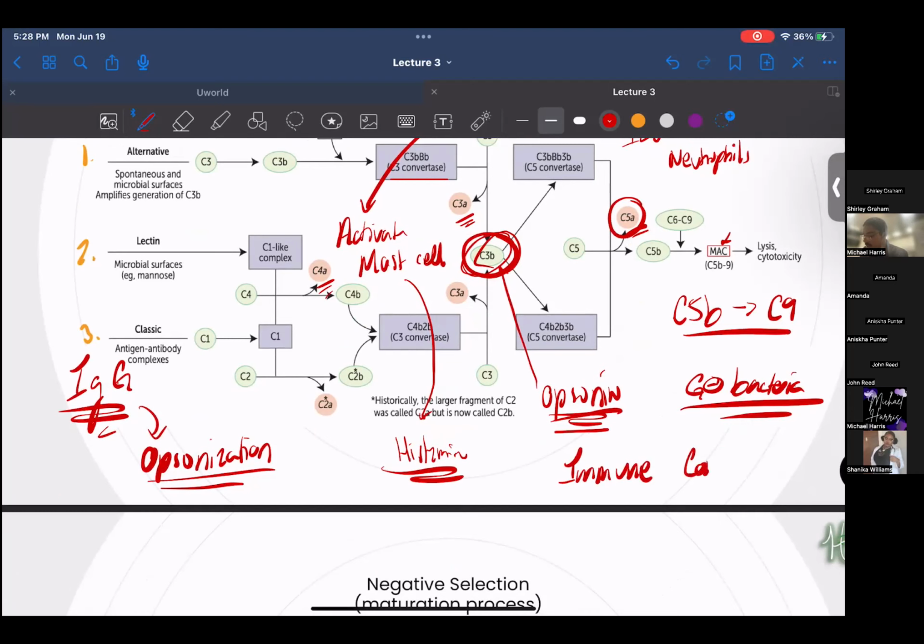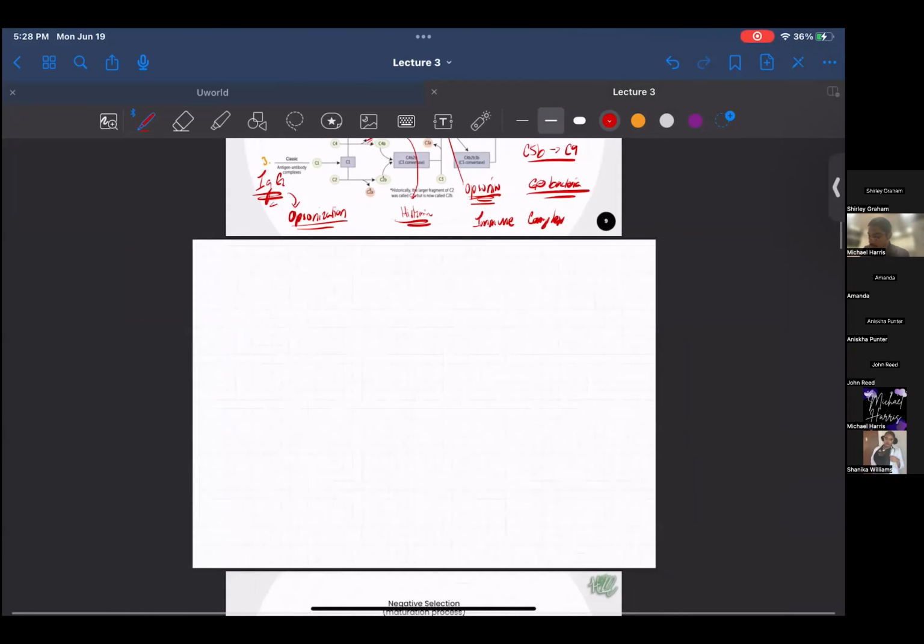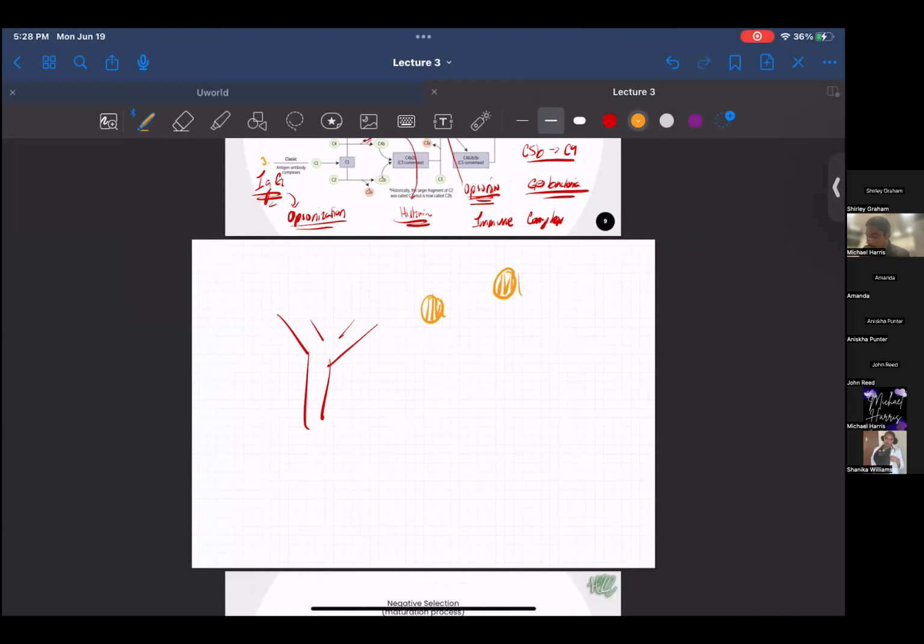Now, what is an immune complex? Well, let's go over this a little bit. So immune complexes are this. Here's my antibody. Here's an antigen. And you get a whole bunch of antigens, right? And you have a whole bunch of, or not immune complexes, but antibodies.